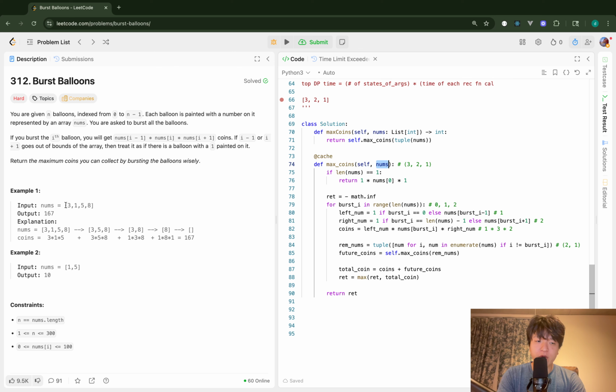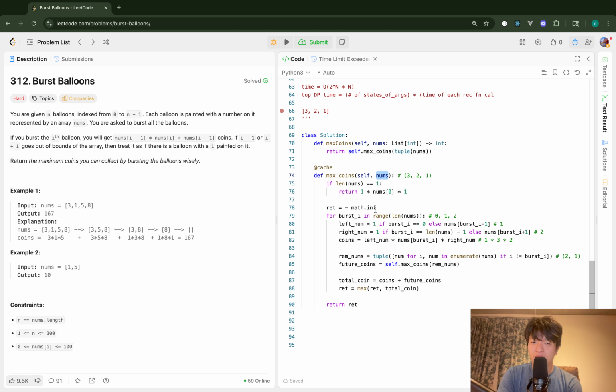So firstly, for example, I start with 3, 1, 5, 8, and then, for example, if I take number 1 in line 79, the remaining numbers are 3, 5, 8. So max coins is called again with 3, 5, 8. Then if I choose number 5 in line 79, in the next recursive function call, the nums argument is 3, 8.